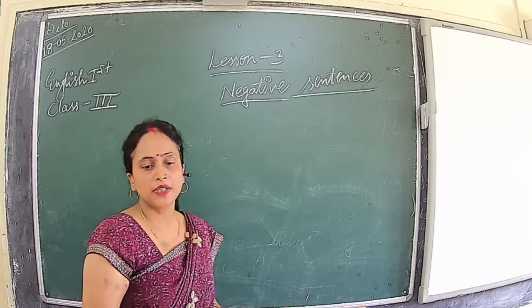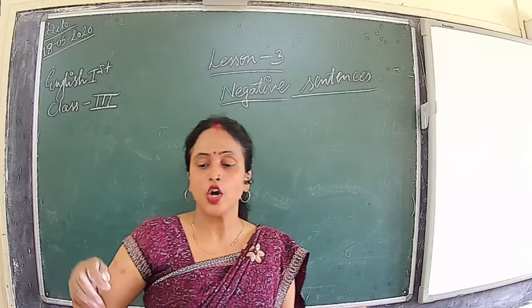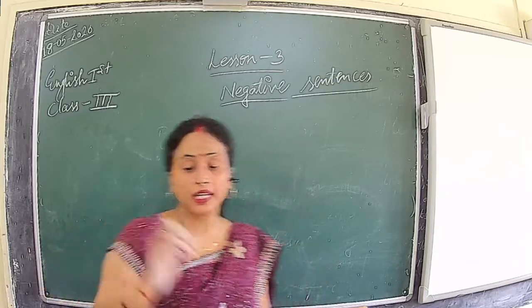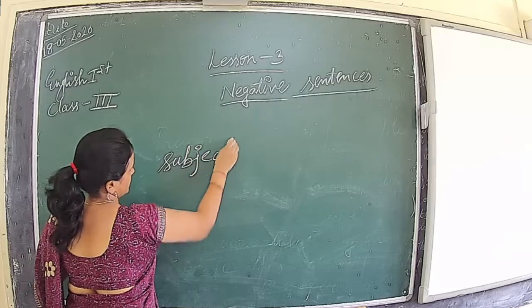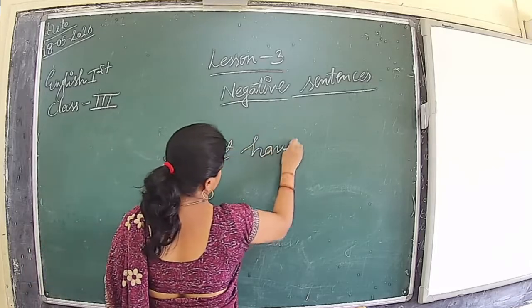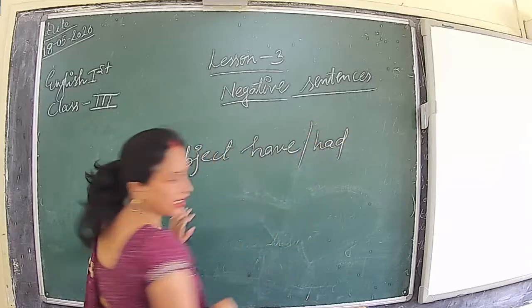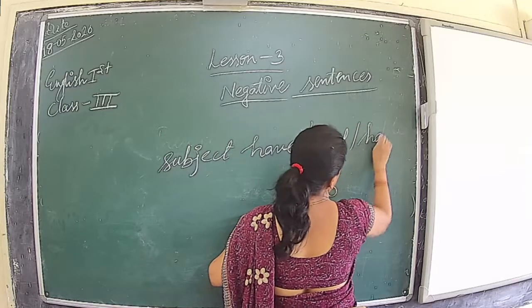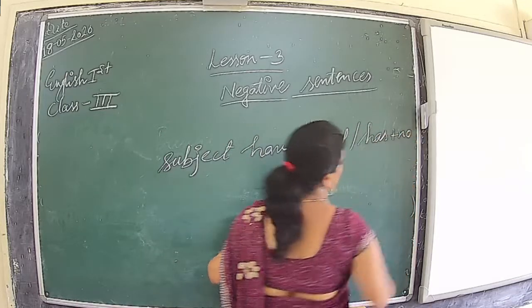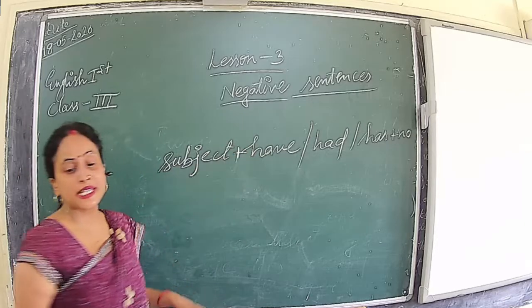Here, what we have to do is subject, have, has or had plus no. Subject, have, had, has plus no. We are changing into negative sentences.